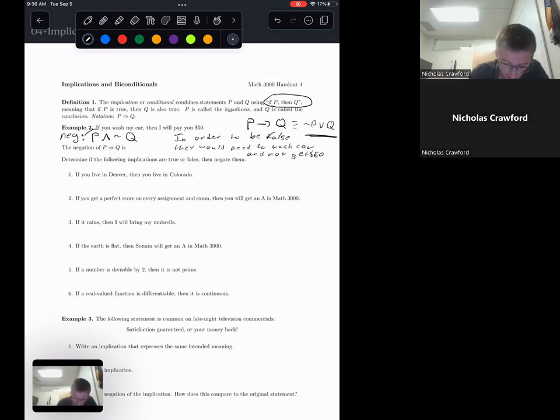Well, that's exactly what this statement says right here. They washed my car, P, and they didn't get the $50. So that's why the negation is the way it is. And then you can see that it makes sense why P then Q would just be the negation of the negation. Whenever you negate something twice, you're just back to the original.